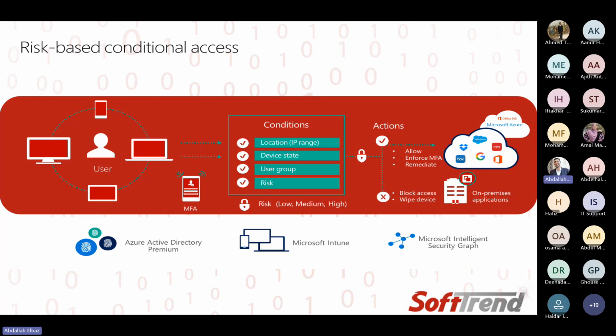You have a lot of options to control the login with conditional access, based on location, IP, or device status, whether the device achieves the technical requirements of the compliance policy or not. The device first should achieve the compliance policy requirement. After that, it can log into Microsoft services.